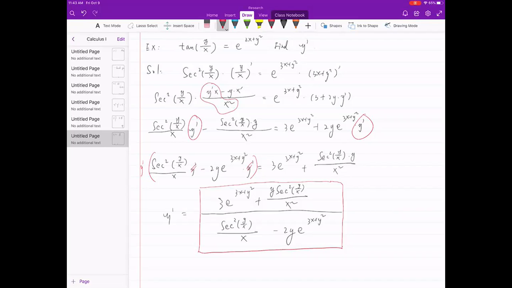I basically split the two terms, the one with y prime and the one without y prime, by dividing by x squared. So I got y prime times x divided by x squared. That's going to be y prime divided by x times secant squared y over x. So that's what happened here.